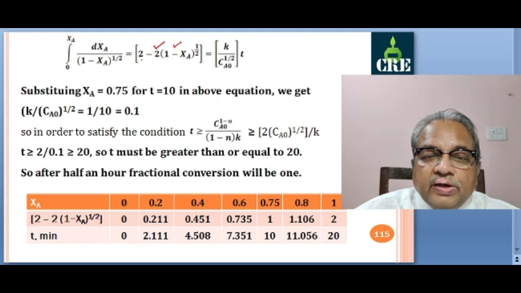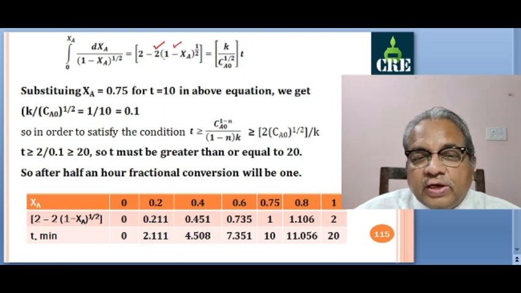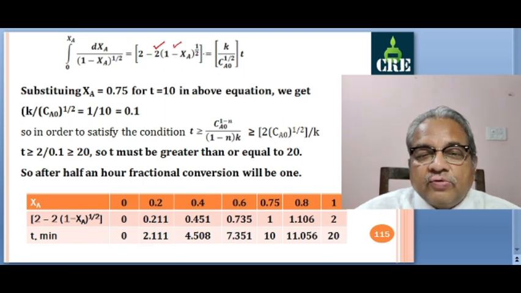So what you obtain is minus 2 into 1 minus X_A raised to half plus 2.